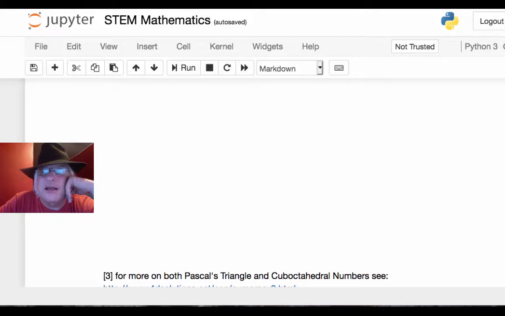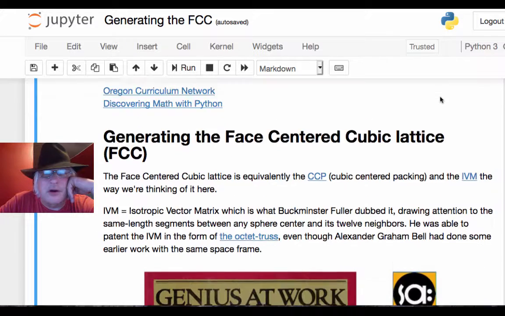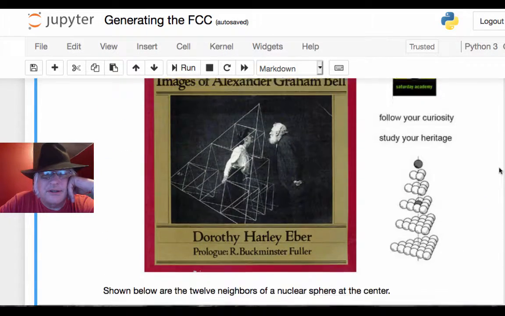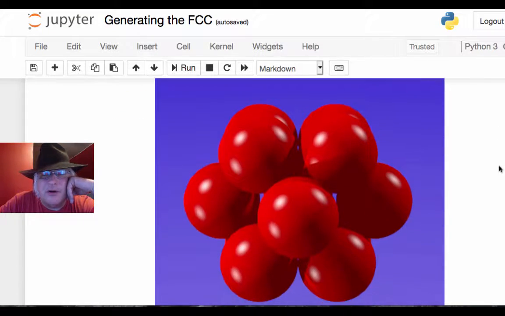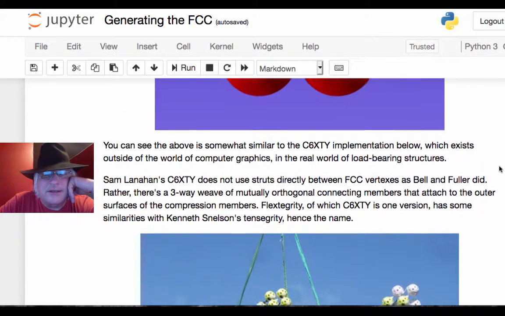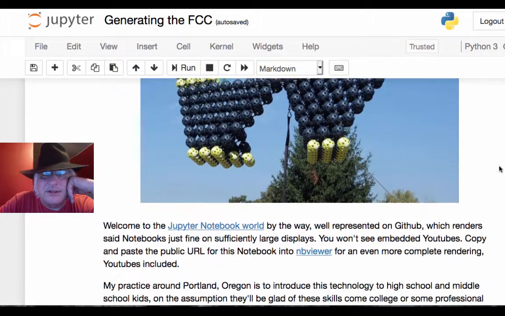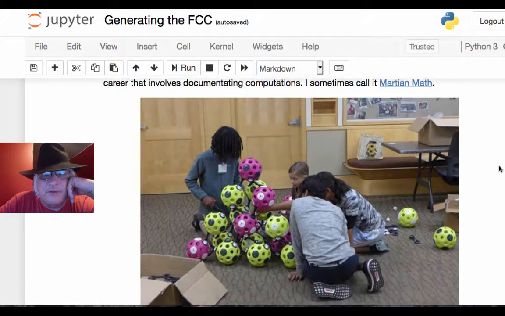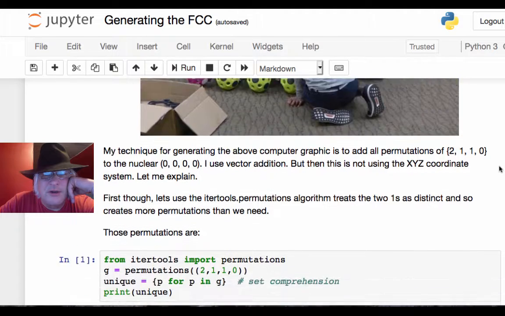So this is the kind of thing I have on GitHub for students who are interested in this kind of humanities, right? This is the bridge across. Now we're getting into STEM. And we have some very unique supplies, such as C60 Flextegrity has provided for various pilot classes, Reed College in particular.